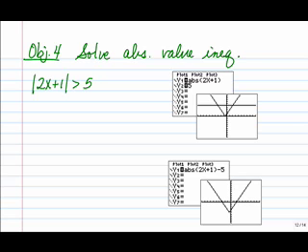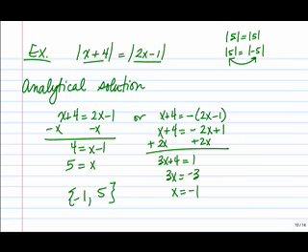Now, the last objective is to solve absolute value inequalities. So let's start by looking at absolute value of 2x plus 1 is greater than 5. Do you remember that we talked about just a moment ago the absolute value of 2x plus 1 is equal to 5, and we found two solutions to that? What did we find as our solutions?